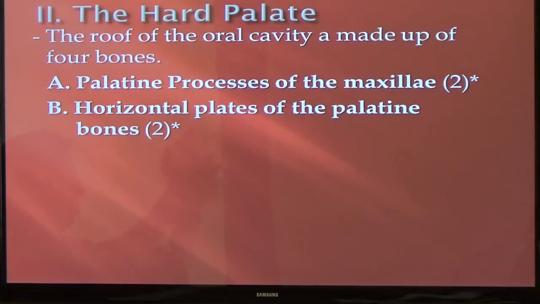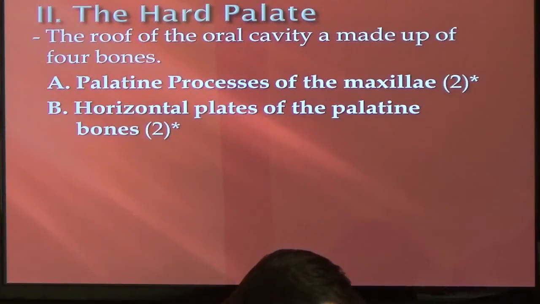Okay, so the front two are parts of the body of the maxilla. The back two are the horizontal plates of the palatine bone that run up inside the head there. So it'll ask you which processes make up the hard palate.